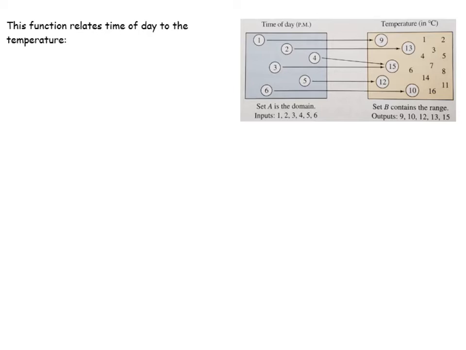But temperature, just one basic example, and we could give countless ones. Temperature is a function, okay? As you're looking at this mapping diagram, to be a function, each time of day, here's 1 o'clock, can get paired with one temperature.